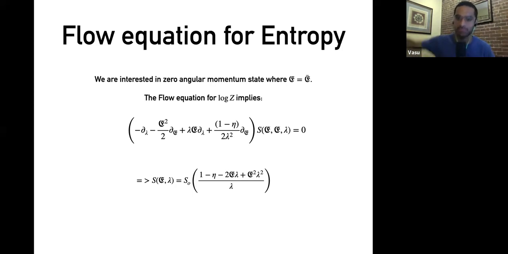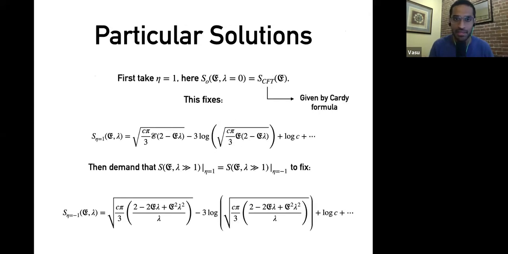So first, let's take the pure TTbar case. And then at lambda equals 0, I know that the theory has to limit to a CFT because I deformed a CFT to begin with. So I take eta equals 1, that is a pure TTbar deformation. And then I take lambda to 0. That gives me the conformal field theory entropy. I know how to compute the entropy of holographic CFT, and that's given by the Cardy formula.